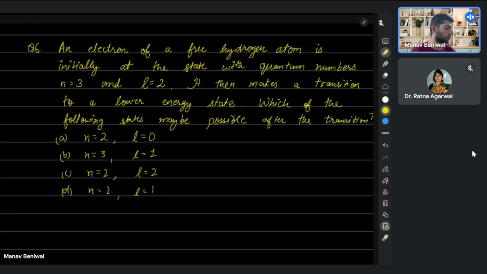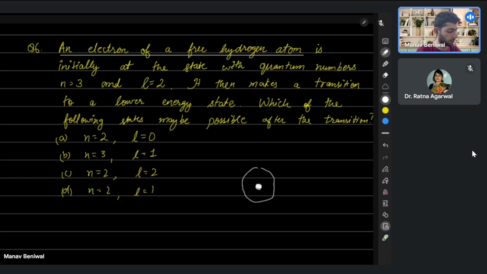So what does the question ask us? We have an electron in a free hydrogen atom. Let's at least draw the energy levels. This is the nucleus.